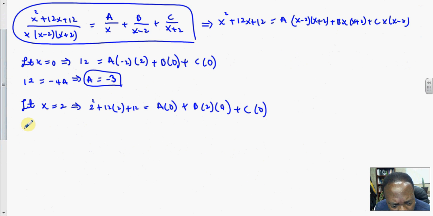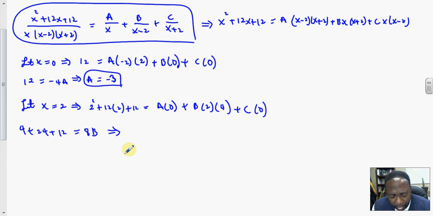So the left side we get 4 plus 24 plus 12 is equal to 8b.